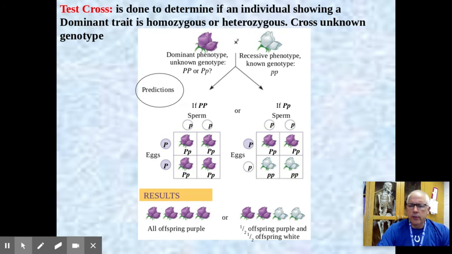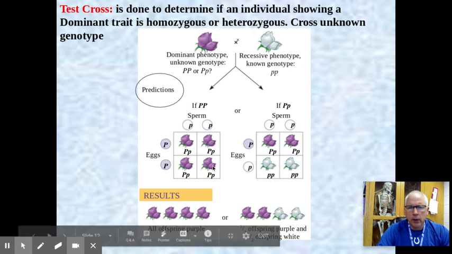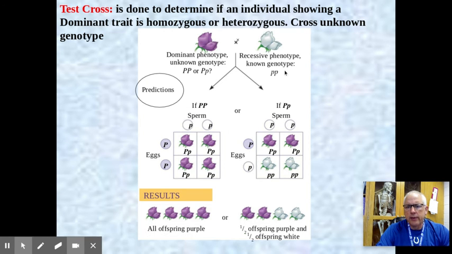Well, you can do a test cross. If I cross this with a known recessive phenotype and I get a 50-50, then I know he's heterozygous. And if I get all the same, then I know it's the other type.